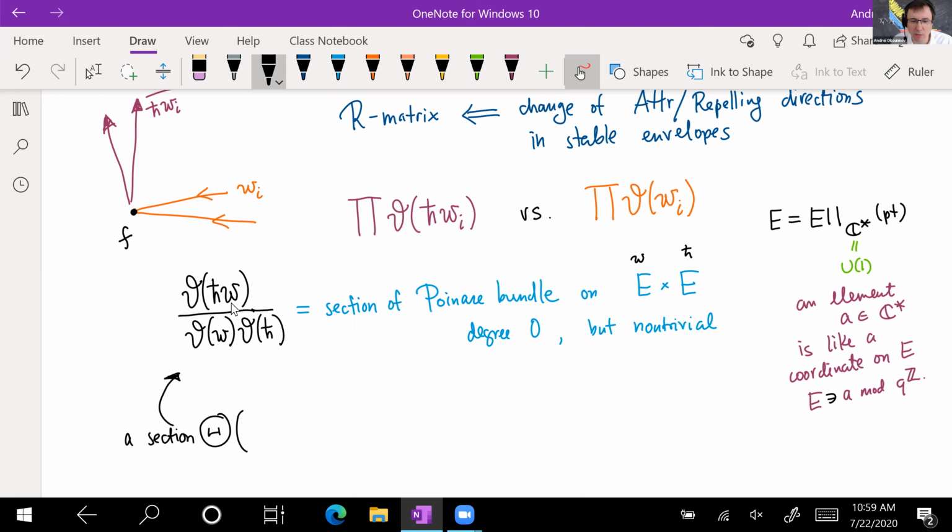It's just a product of all weights of that linear representation. So I'll write it like that, minus H bar. So this is the character of a representation, of a virtual representation.